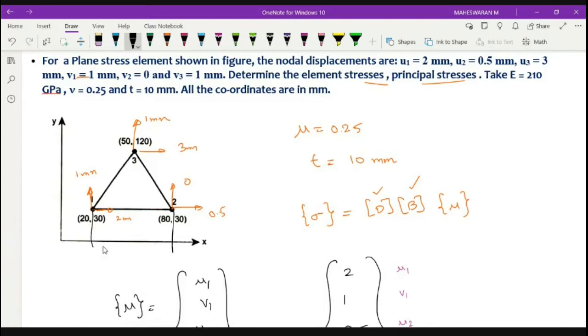Your base is here, with x-axis coordinates 80 and 20, so 80 minus 20 is 60. Your height, I consider, is the y coordinates: this is 120 and this is 30, so 120 minus 30 gives 90. So my height is 90 and my base is 60.